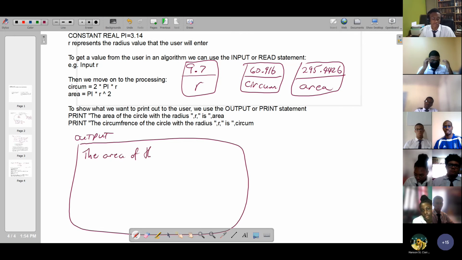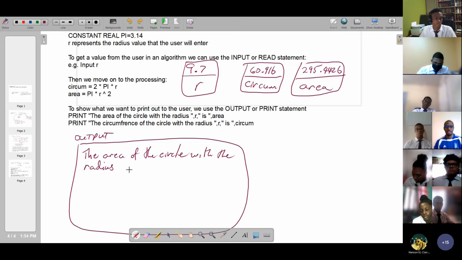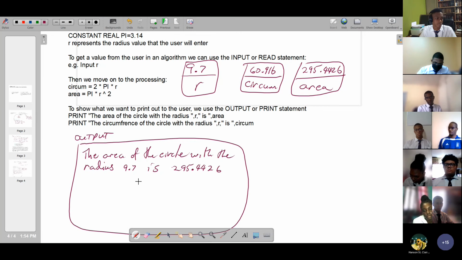The area of the circle with the radius, not R, sorry, but R is 9.7, is 295.4426. Okay? Any questions so far?